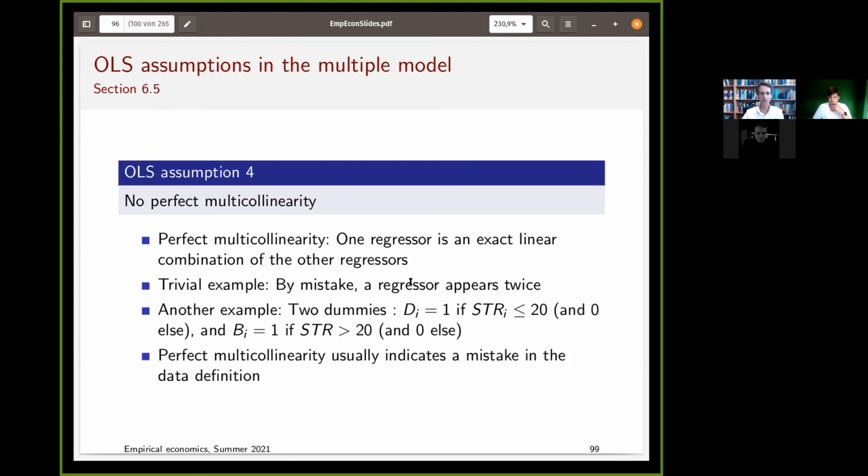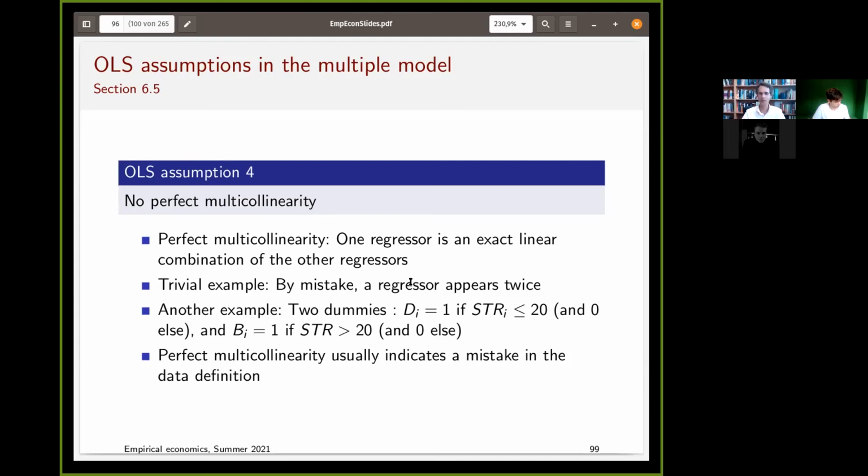For instance, you compute the percentage of English learners and you call it PCTEL. And then you have a second variable, which is called share of English learners, say SHEL, but they are completely identical. In that case, of course, one regressor is an exact linear combination of the other regressor.